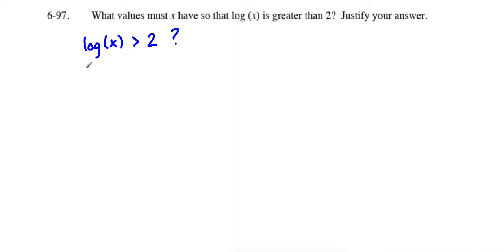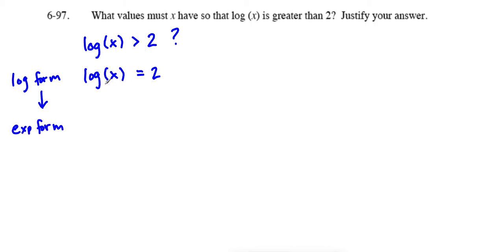Well, let's start out by looking at what if the log of x equaled 2. Remember, this is what we call log form. Let's go ahead and put it in exponential form just in case anybody's a little confused. So our base, when we're doing just log, remember, is 10. We just don't write it in there.